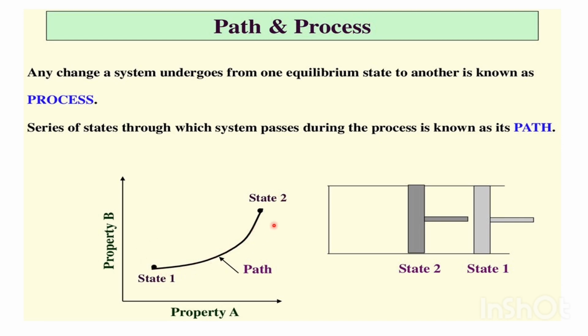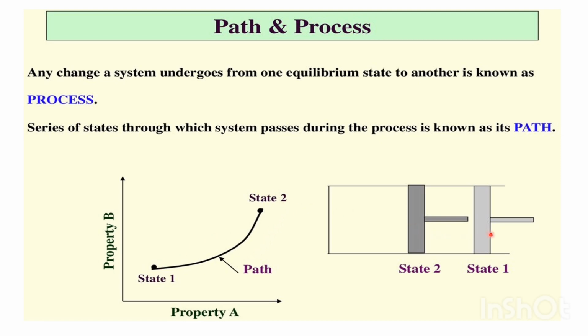path of the process. You can see here the gas is contained in a piston cylinder arrangement. Initially the gas was at state 1, with volume 3 meter cube, mass 2 kg, and temperature 25 degrees centigrade. Here the gas is compressed, that means the volume has decreased from 3 meter cube to 1 meter cube, so the system has changed to a different state.